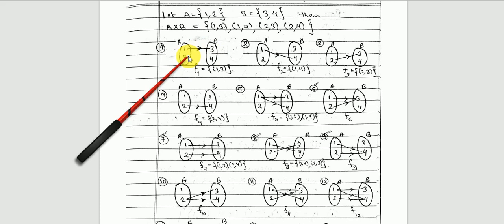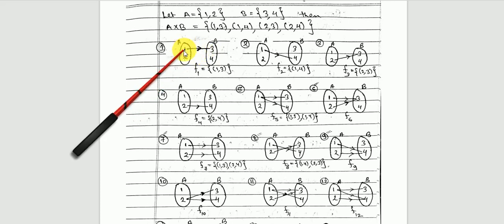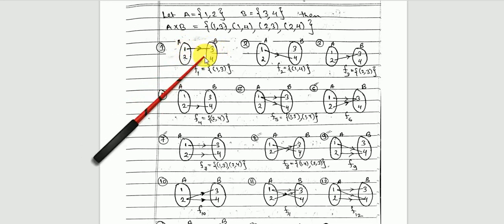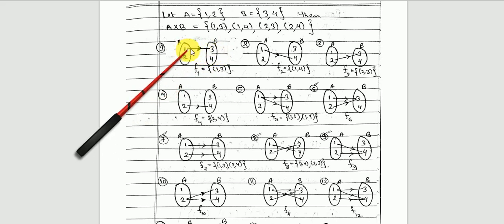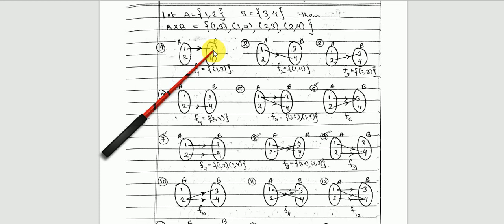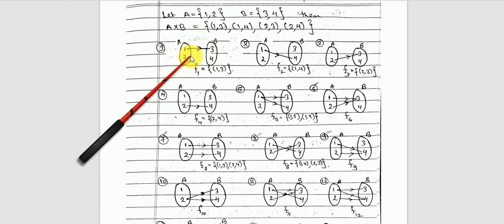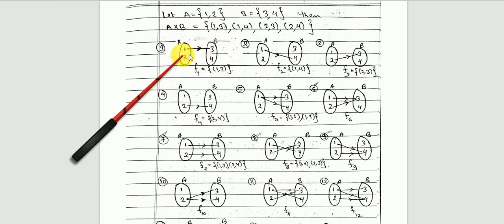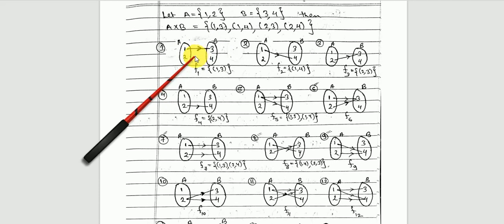Because the definition of function says that a relation will be called a function if every element of the first set is associated to a unique element in set B. But here we see that 1 is uniquely related to 3, but 2 is not associated to any element in B. So this is a relation, but not a function.